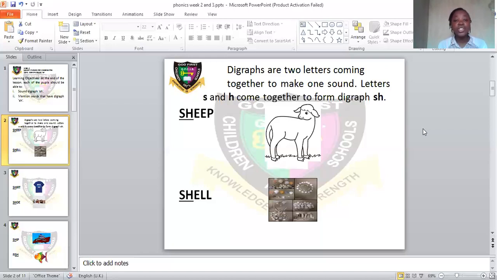If we listen very well, we notice that digraph sound sh is sounding in the word. Now let's sound it together, everybody. Sheep, sheep. Again, sheep, sheep.